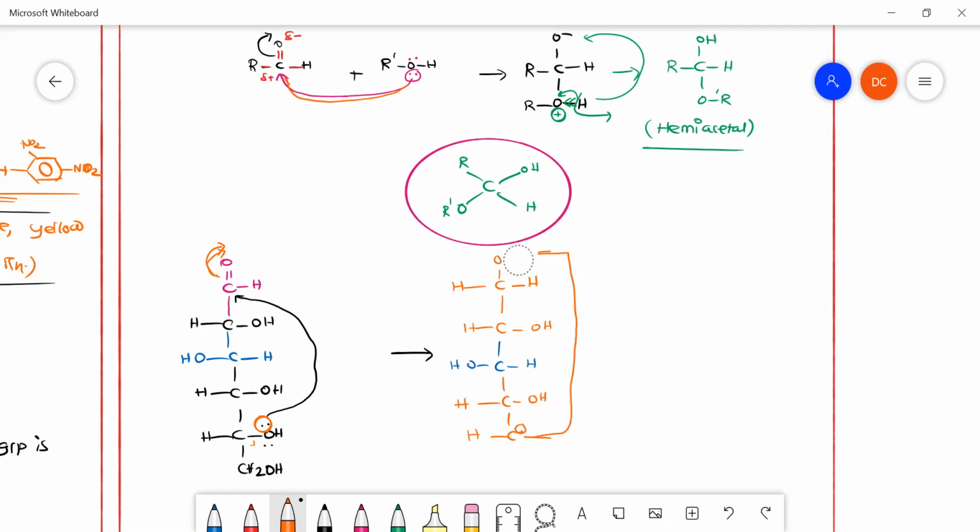Now I can write the oxygen in between. Is that clear? And here CH2OH. Is it understandable or not?